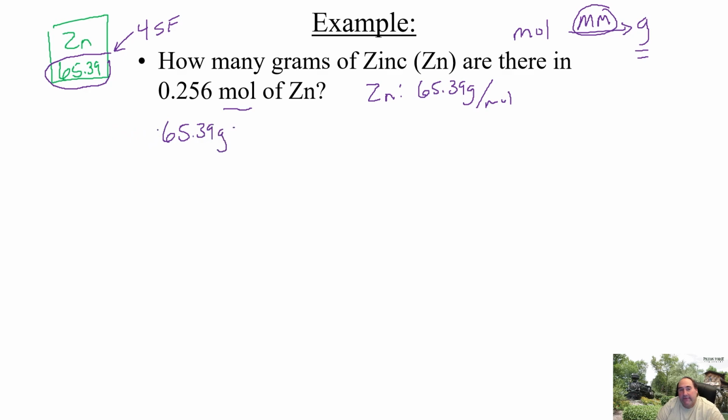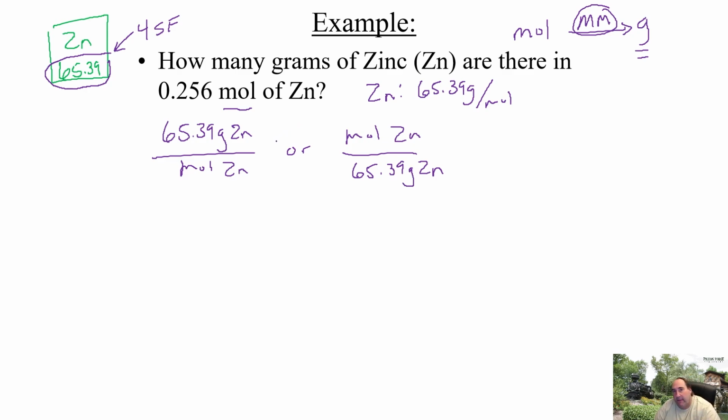That's going to give us our 2 conversion factors that we could use: 65.39 grams of zinc over a mole of zinc, or a mole of zinc over 65.39 grams of zinc. By the way, side note here, which is also an important thing to remember: when you are asked to calculate the molar mass of something, you should only do it based on the formula.